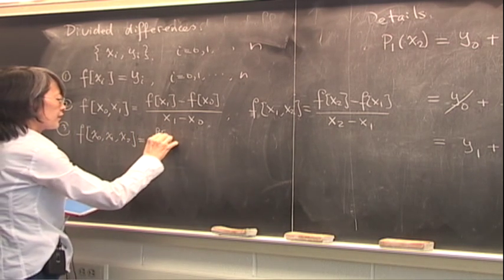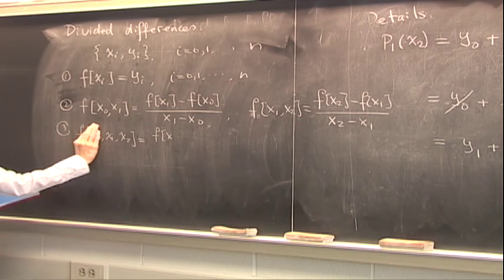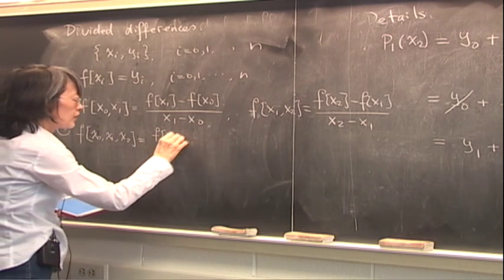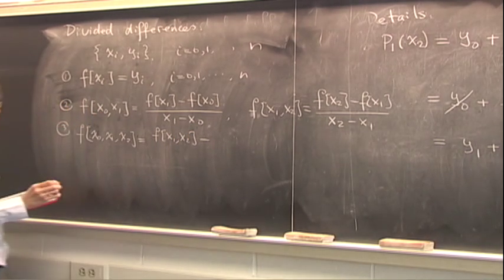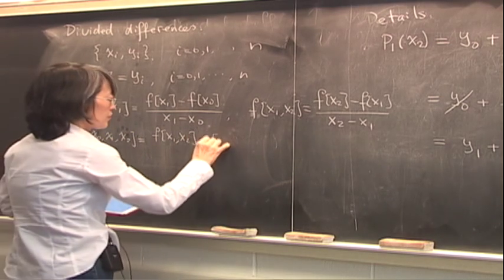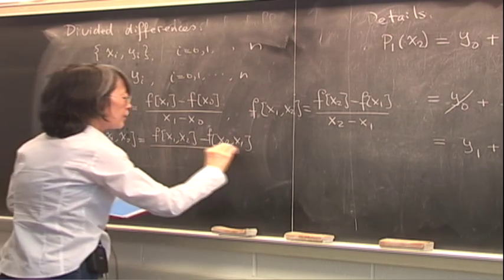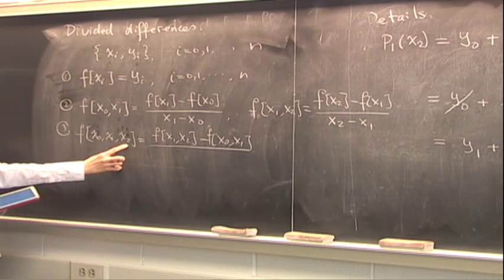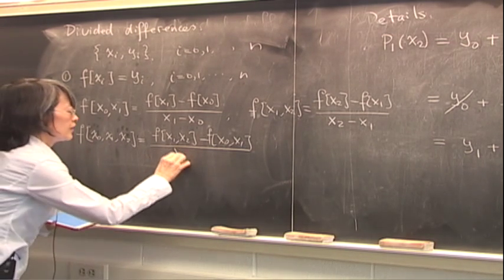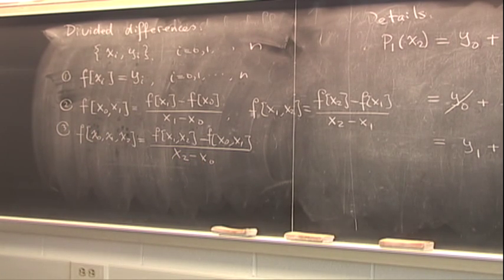The first term takes away the first index and copies the rest: f[x1, x2], minus, then you take away the last x and copy: f[x0, x1]. And then you divide by the biggest index x minus the smallest index x: x2 minus x0. Is that clear?